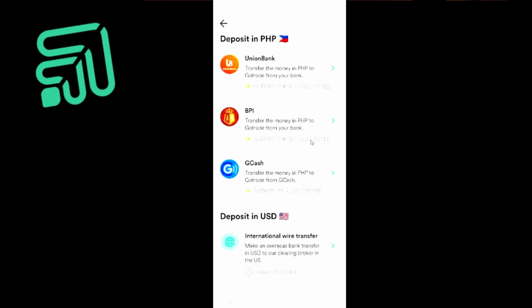That's very high. And then BPI is 12 pesos plus 55 cents for the fee when you're transferring from your online account to the account of GoTrade. So the cheapest one is Union Bank, and that's what I use.